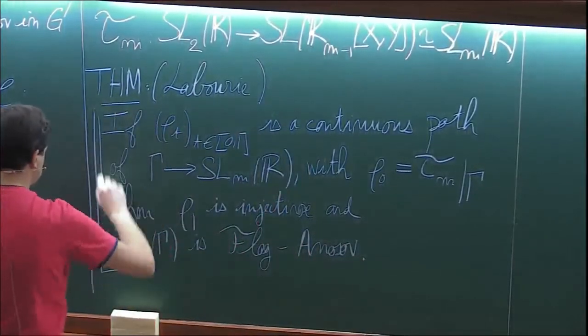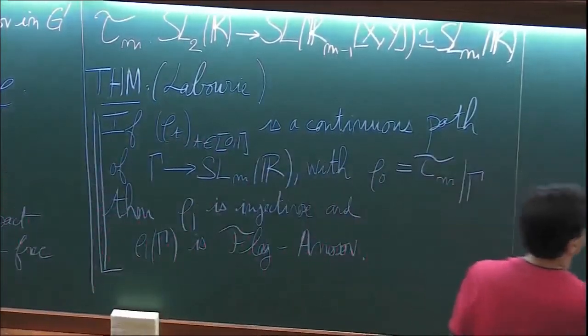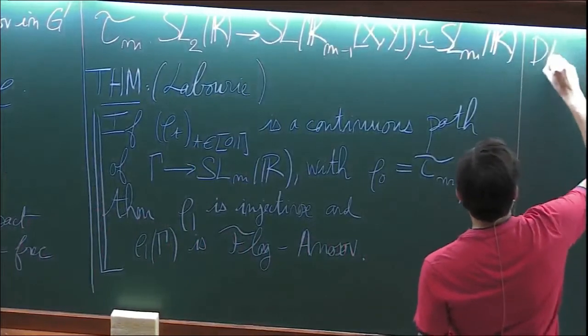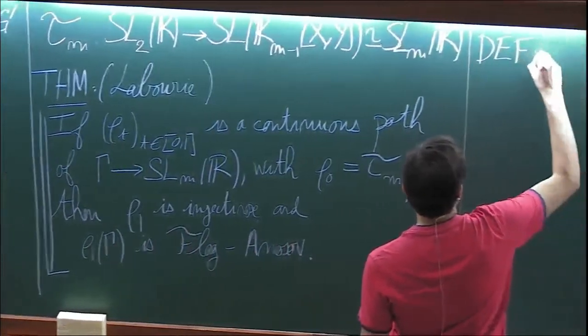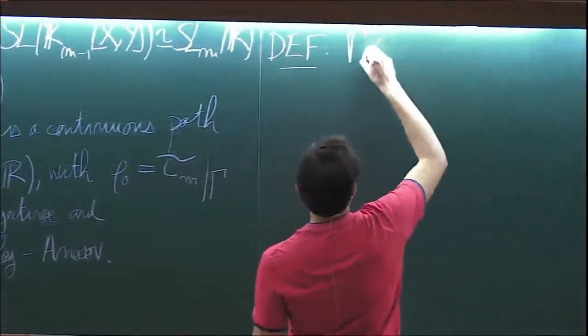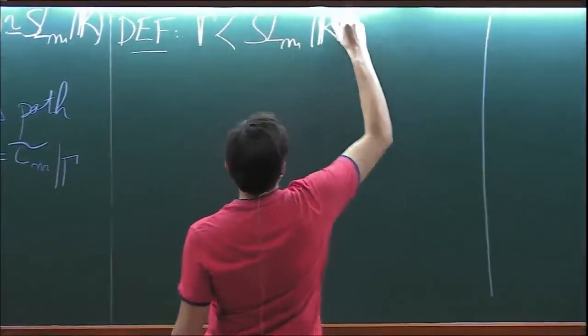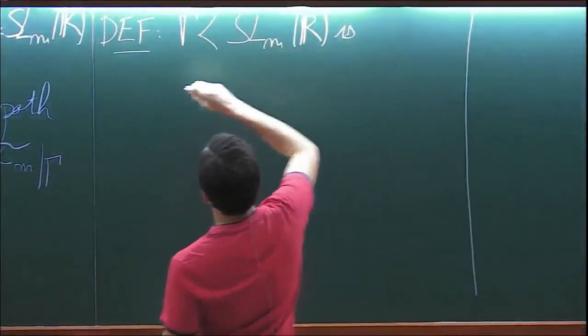Okay, so this result doesn't mean anything as long as I do not define what is flag Anosov. So a subgroup gamma in SL(m,R) is flag Anosov.